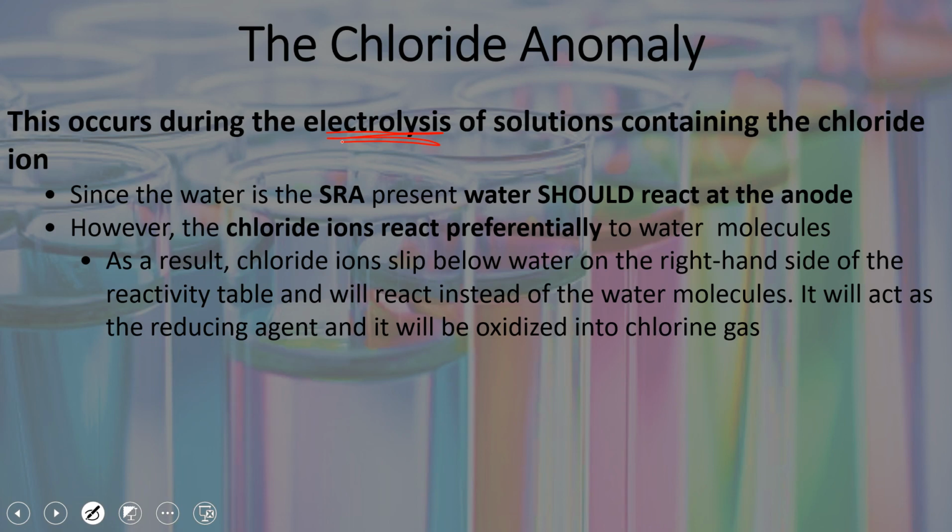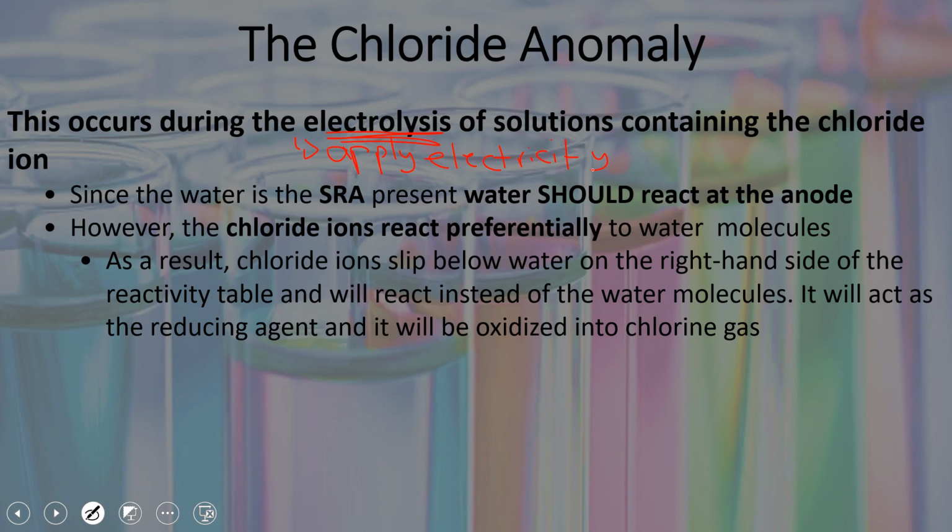Energy. And so electrolysis is when you apply electricity. So the chloride anomaly occurs during the electrolysis of solutions containing chloride ions.